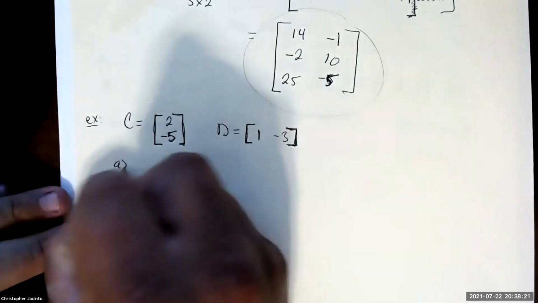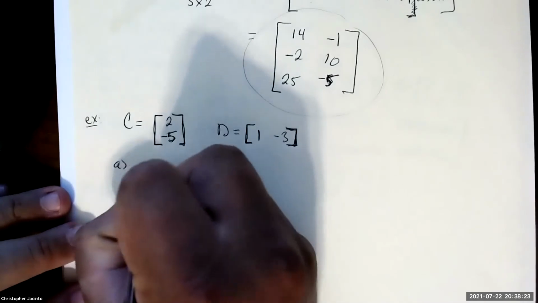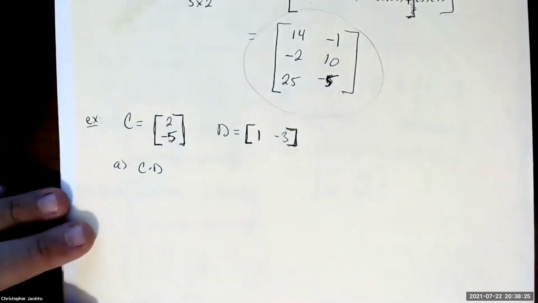And let's suppose we want to find out what C times D is.